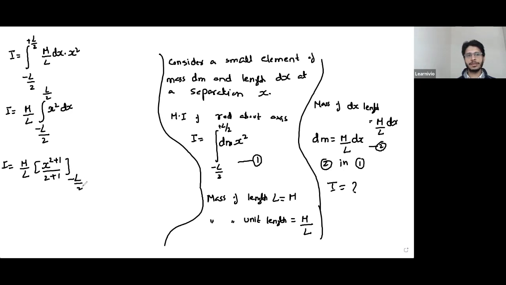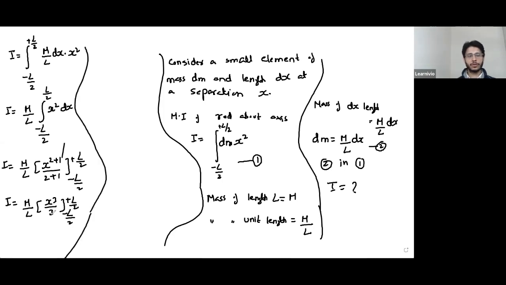So this is m by L times x cube over 3, with limits minus L by 2 to plus L by 2. You can take this 3 outside, so the moment of inertia is m by 3L times x cube.